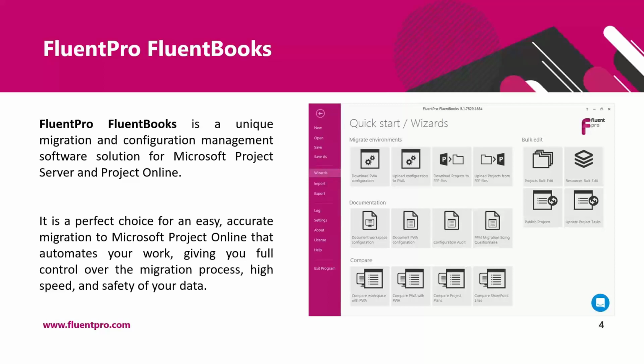Also project plans and project plan templates with amazing granularity, where you can choose exactly what you want to move to your new environment. It's a perfect choice for an easy and accurate migration to Microsoft Project Server and Project Online that automates your work, gives you full control over the migration process, high speed and safety of your data.